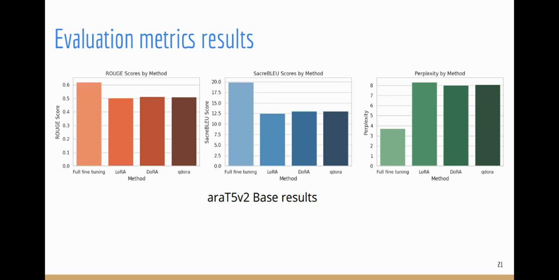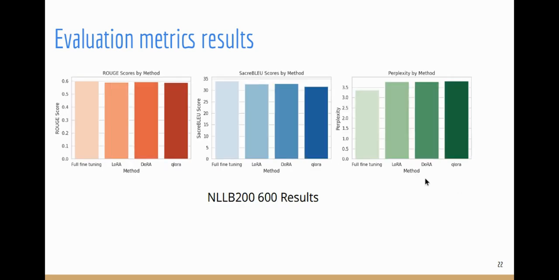And in both models, we see almost the same results. Especially in this model, these fine-tuning techniques did not achieve results close to the full fine-tuning. And if you notice, we have better results with this model than with mT5.